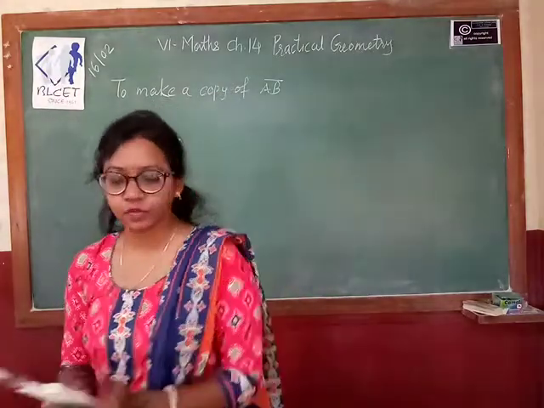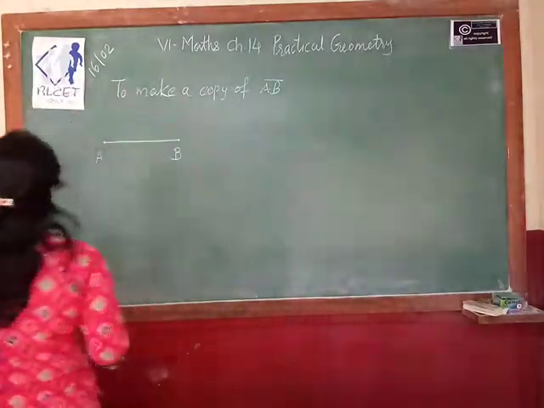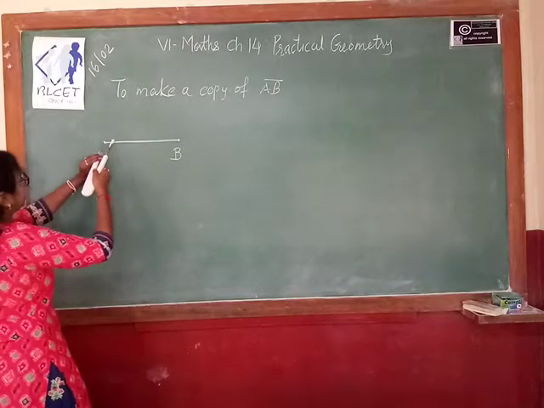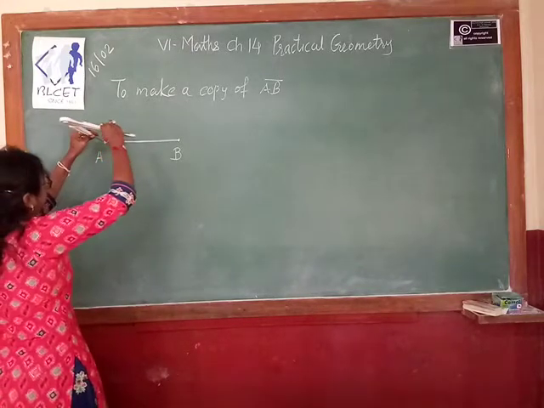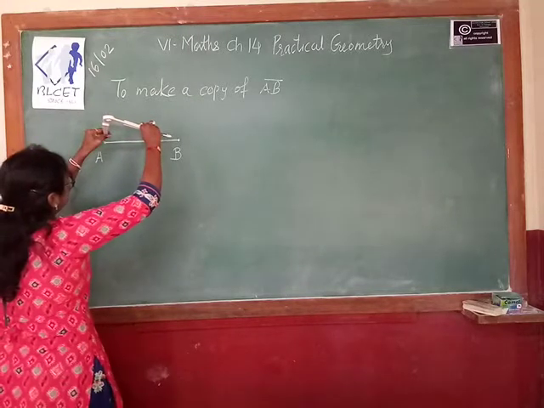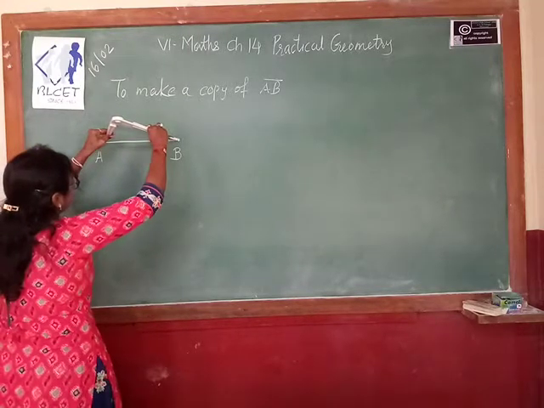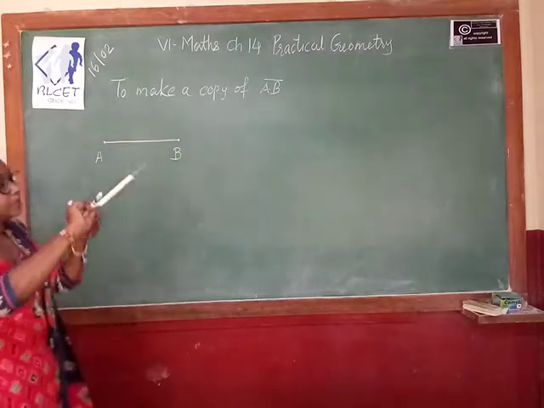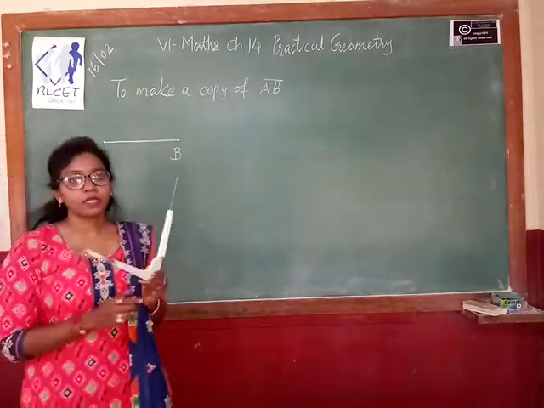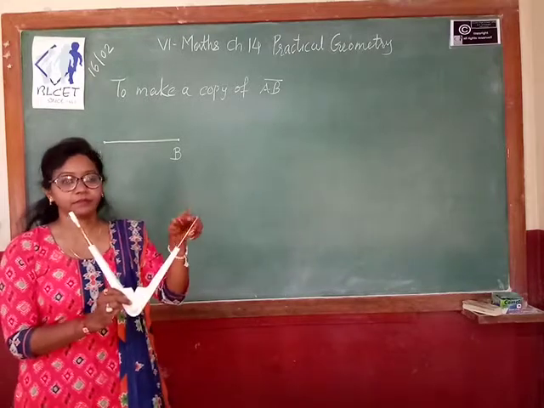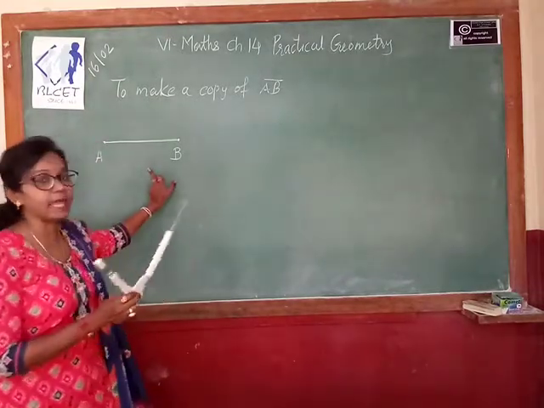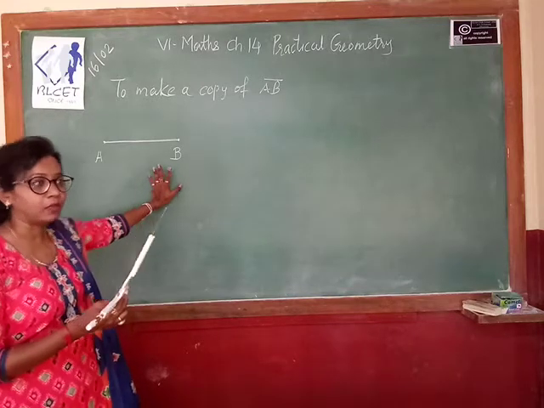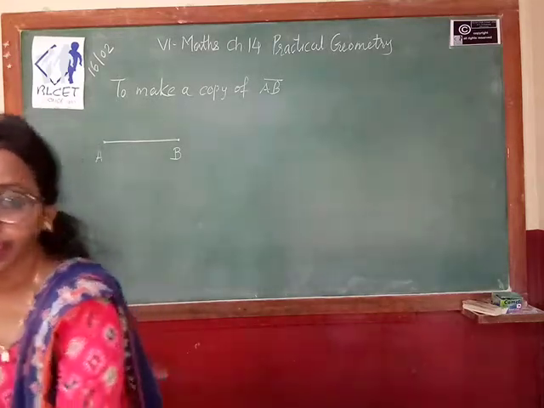We fix one point of the pointer on point A like this, and we expand it till B. This is my other end on B. Now, without measuring, I know the exact measurement of this line segment. With the help of compasses we measured it. We don't know the length, but now we have it on the compasses.